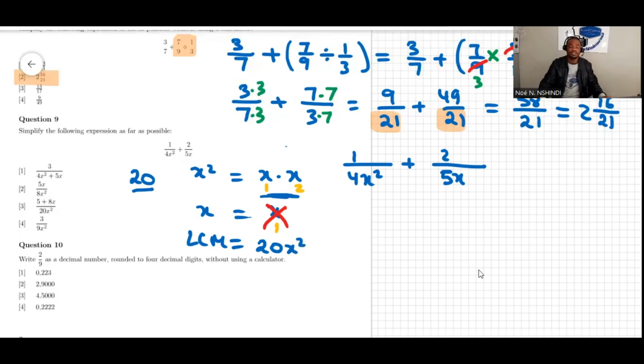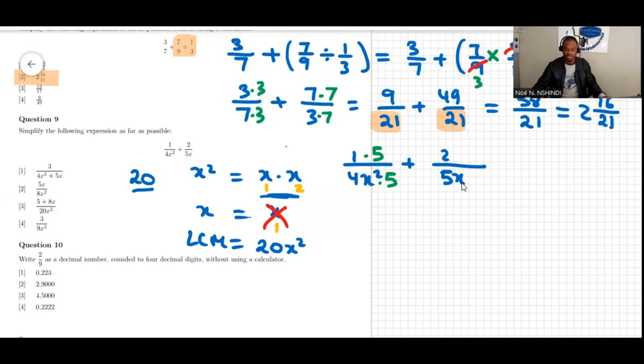I need to make the denominator equal to 20x squared. Here, 4x squared. What I can do, I'll times here by 5, because 4 times 5 makes 20 and then x squared. I times the denominator by 5 there. I must also times the numerator by 5.